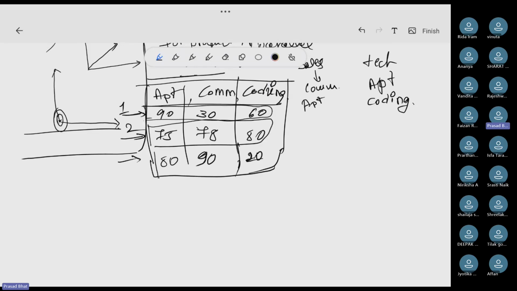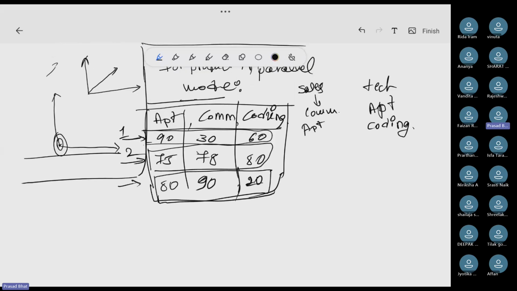So which student could be placed in which company, if you want to look at that, then what we essentially do most of the times is, for this sales company we create a weight vector based on their preferences. Here, every row corresponds to one of the qualities: aptitude, communication, and coding.